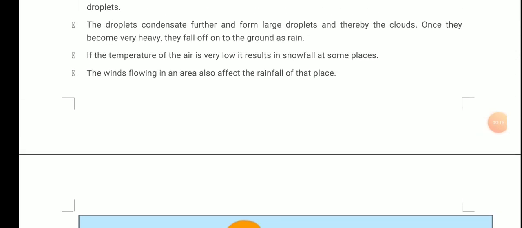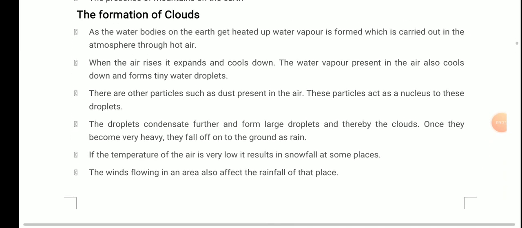Now I think because of the diagram you have understood better. Now read these points again.